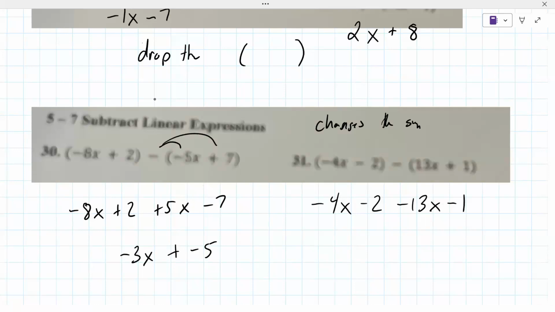Negative 17x plus negative 3. All right, very good. So why don't you try the next two on your own?